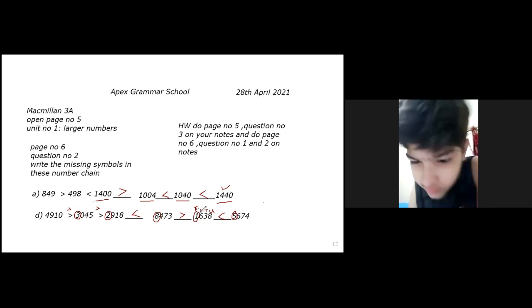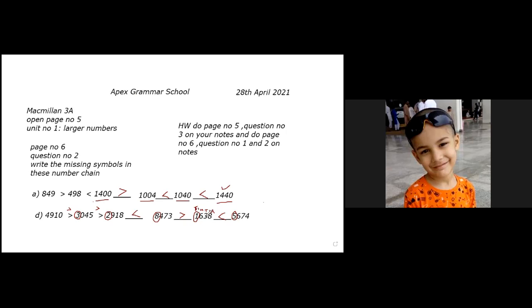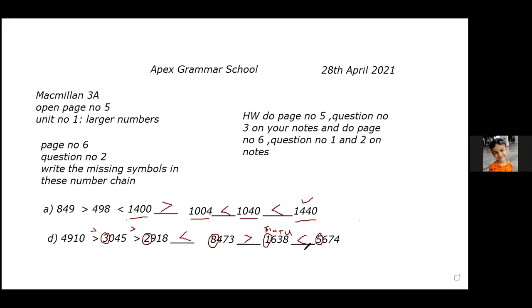Got it? Very good. This one is 1638. So 8,000 is bigger than 1,000. So crocodile always opens his face towards the big one or the small one? Big one. Very good.